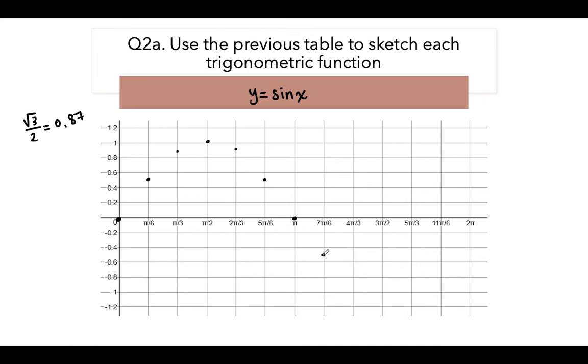So here, negative 0.5. And then negative 0.87. And then at negative 1, negative 0.7, negative 0.5, and at 2 pi for sine, it's going to give me 0. So I'm going to connect the dots.